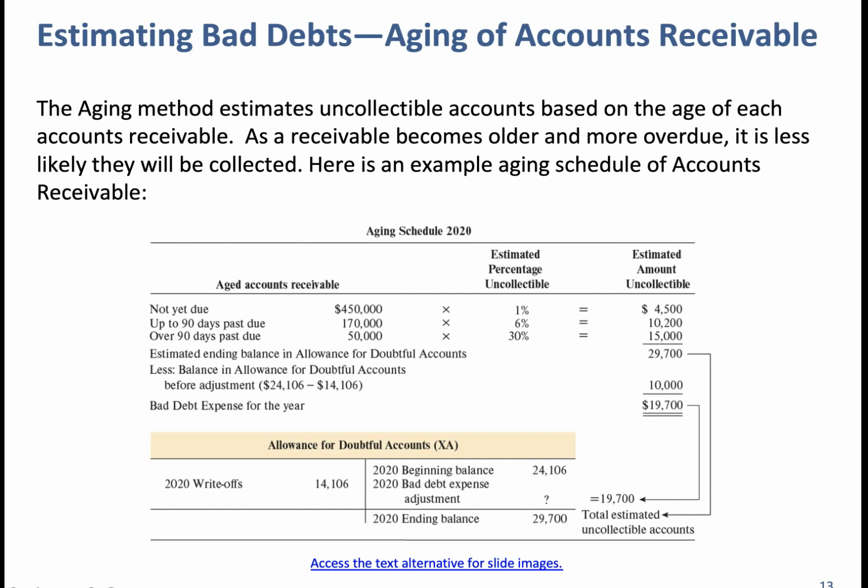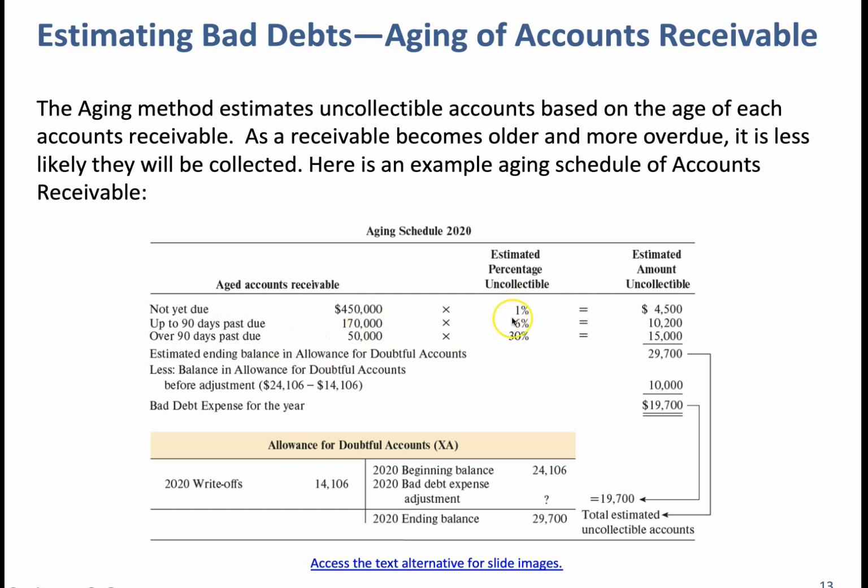Now this is a little bit more complicated. It is based on the assumption that if we look at all the accounts receivable we have at this point, which includes the accounts receivable that's overdue from the past and the newly generated accounts receivable, we would divide them into different groups based on the age of that accounts receivable. For example, not yet due, up to 90 days past due, or over 90 days past due.